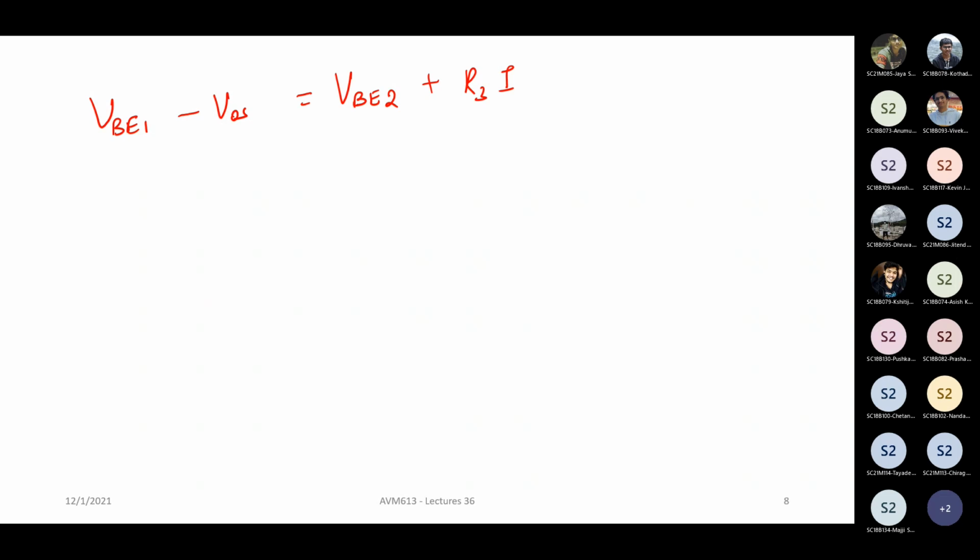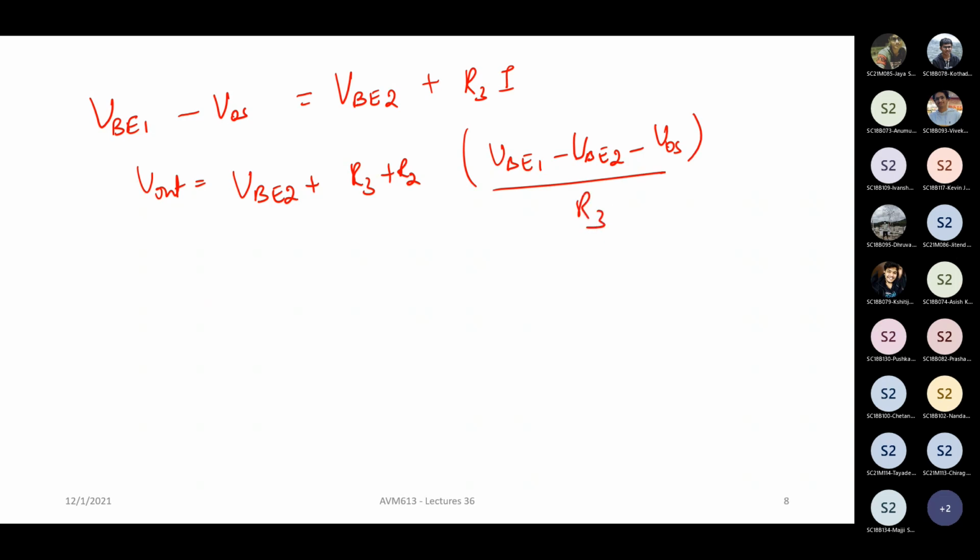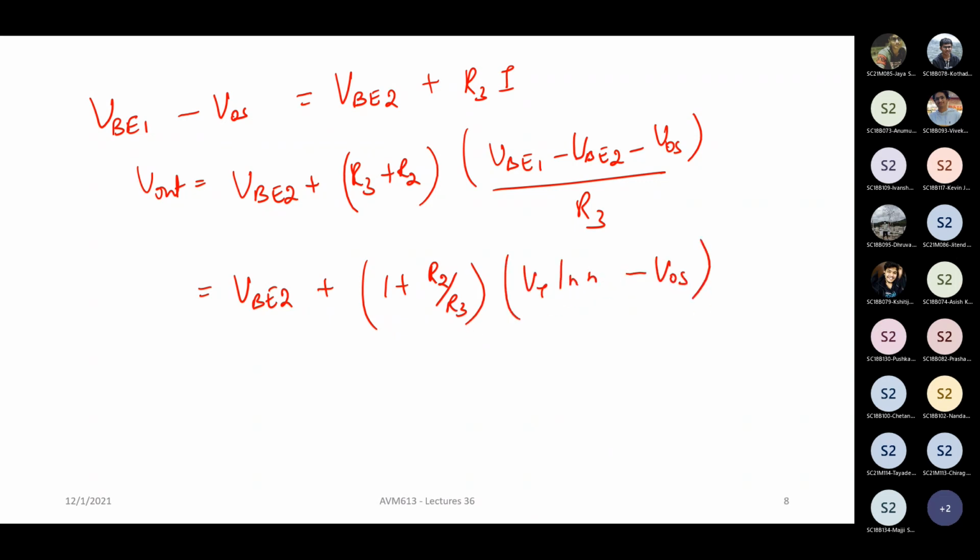Therefore V out will be equal to VBE2 plus R3 plus R2 into VBE1 minus VBE2 minus V offset divided by R3. In other words, VBE2 plus 1 plus R2 by R3 multiplied by Vt ln n minus V offset.